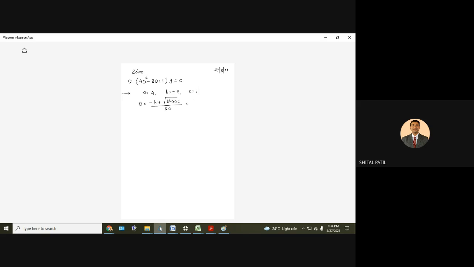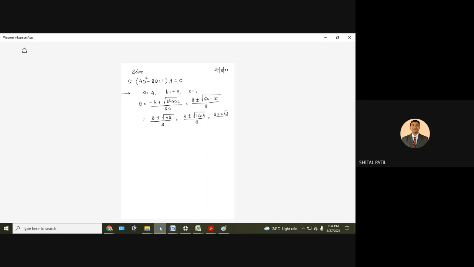So minus of minus 8 plus minus root of b square 64 minus 4ac, divided by 2a. Hope Aaron is getting all these things very well. So it is 48 divided by 8. So 8 plus minus what is 48? 16 into 3. And what is root 16? 4. Root plus minus 4.